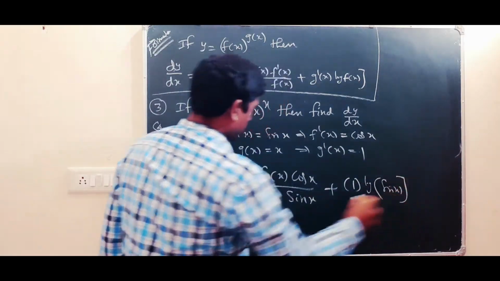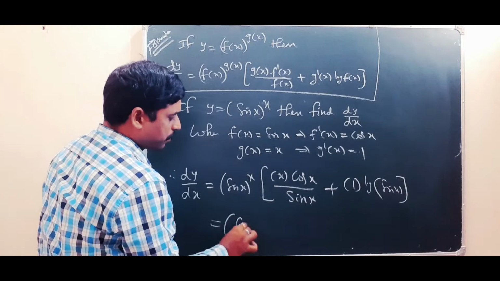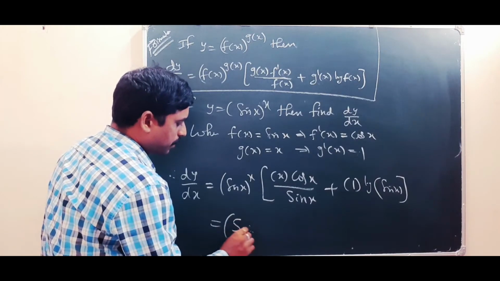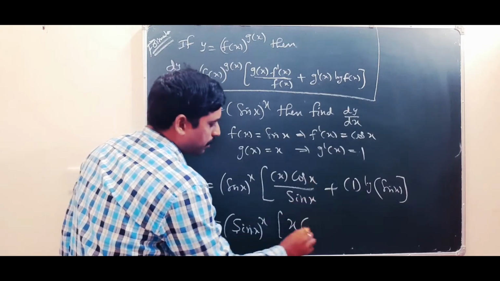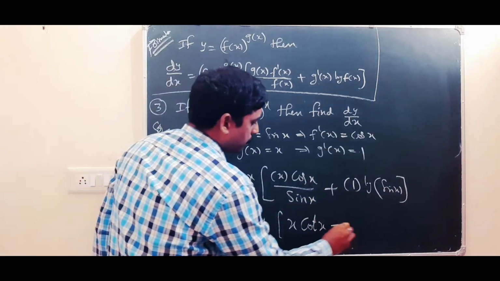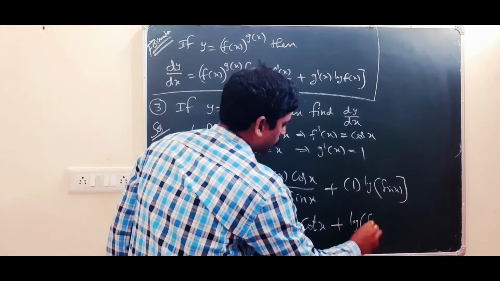So this is the answer. So this is nothing but sin x to the power x into cos x by sin x, which is cot x, plus log of sin x.